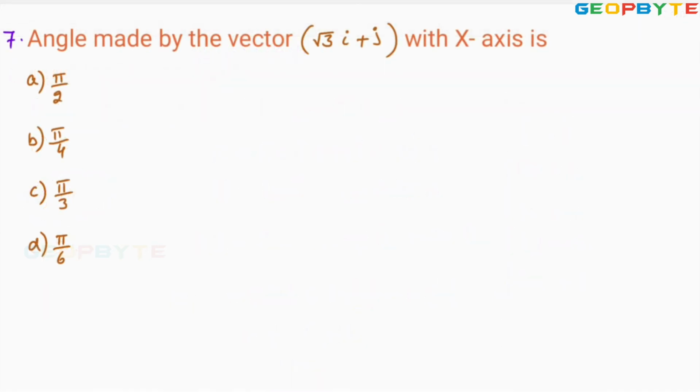Look at the seventh problem. Angle made by the vector root 3i plus j with x-axis is. Since the given vector is root 3i plus j, he is asking the angle made by the vector with x-axis.